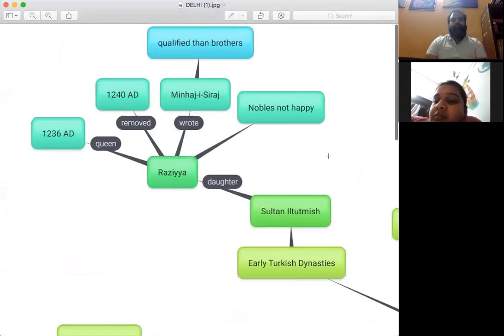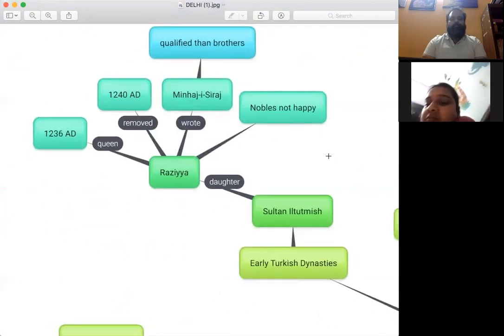The important thing about this Sultan was that he had many sons and a daughter, Razia, but none of Razia's brothers were capable of ruling the kingdom. So he decided to make Razia the Sultan of Delhi.